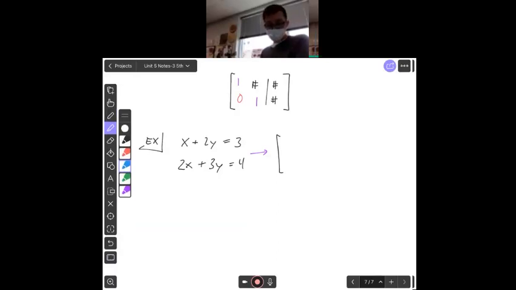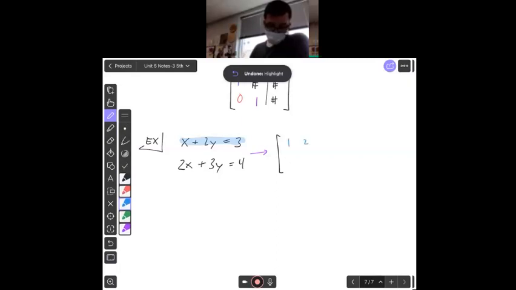How do we turn this equation into a row in our matrix? One, two, three, right on, Ruth. 1, 2, and then the augment bar, and 3.